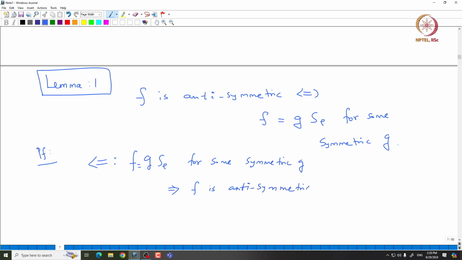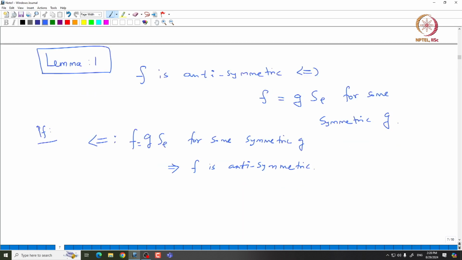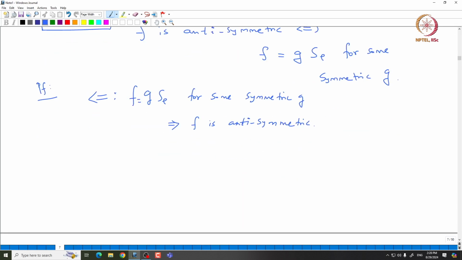That is because symmetric times anti-symmetric is anti-symmetric, and it is not hard to prove that symmetric times symmetric will be symmetric, and anti-symmetric times anti-symmetric will be symmetric. Okay. So, with those sign rules, you can see that this is indeed anti-symmetric.